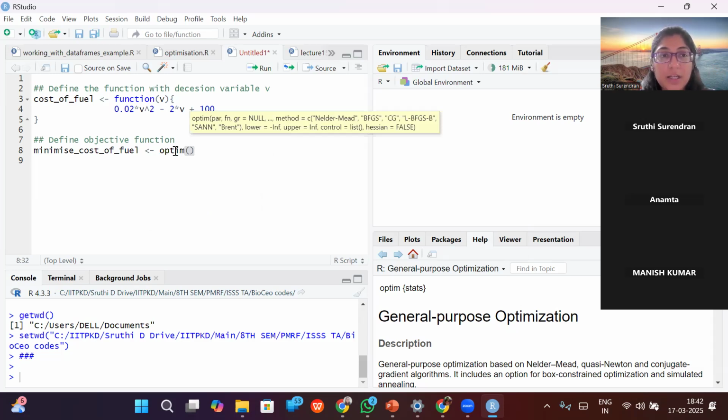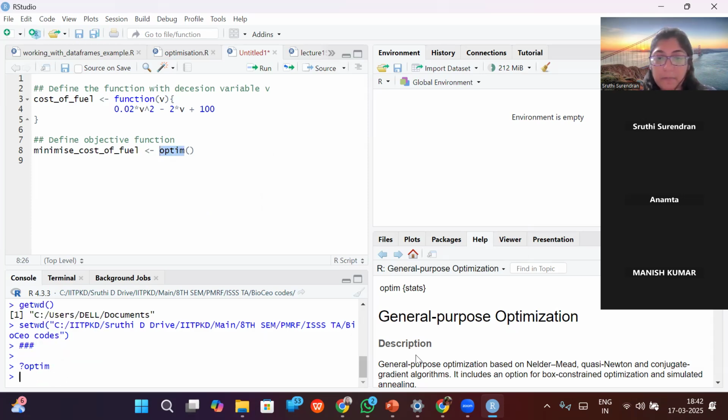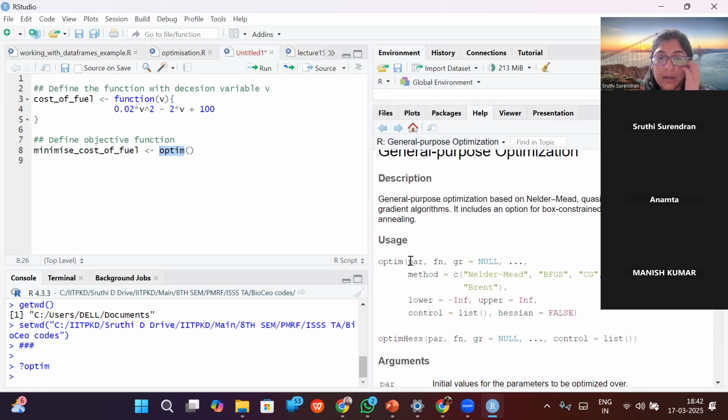Now optim is also another function or another command. So if you want to see what arguments you require inside optim, then you do a question mark optim and here everything will come. The command optim is the general purpose optimization algorithm. And here you have to give an argument called PAR, the function, method, lower, control, list, and so many things like that.